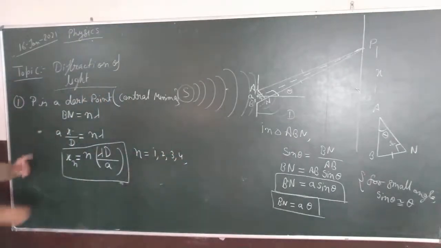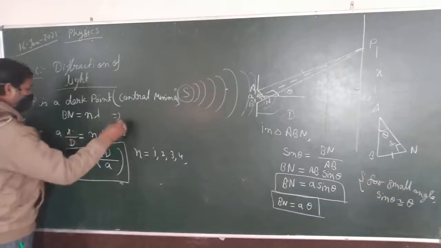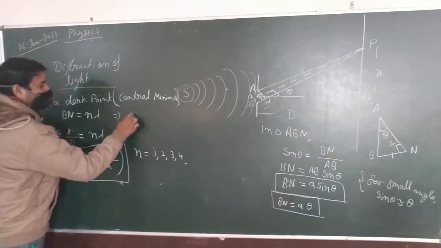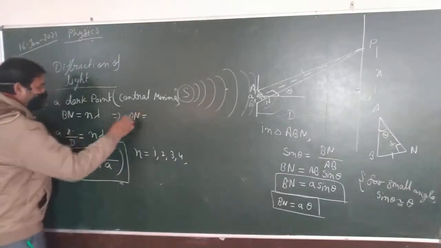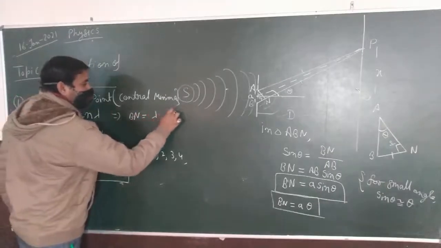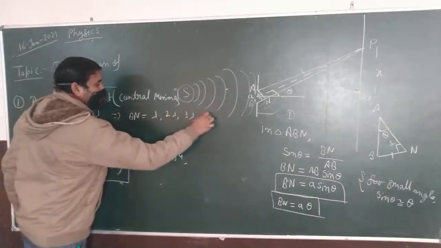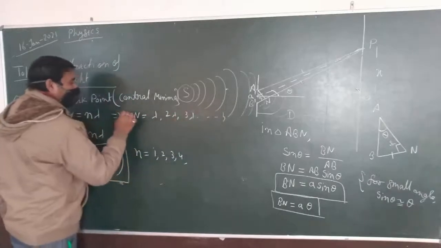Okay, so this path difference BN is equal to lambda, 2 lambda, 3 lambda and so on.